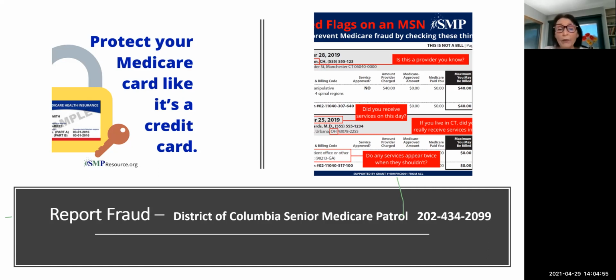The number on the screen is the number that you would call for the District of Columbia Senior Medicare Patrol. Again, it's all free, and they're there only to provide information to you and help you with any billing issues, especially if you think something is fraudulent.